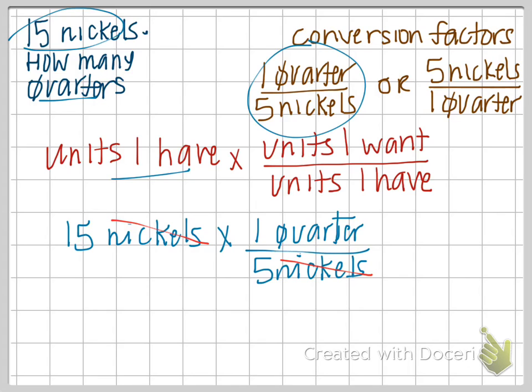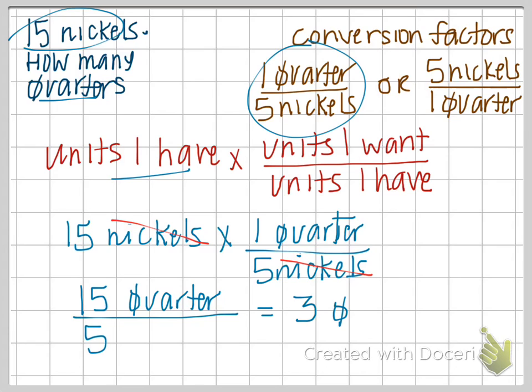And when I multiply across, I'm going to see that I have 15 quarters over 5, and the nickels is gone. And when I do that division, I end up with 3 quarters, which is equivalent to the 15 nickels that I started with.